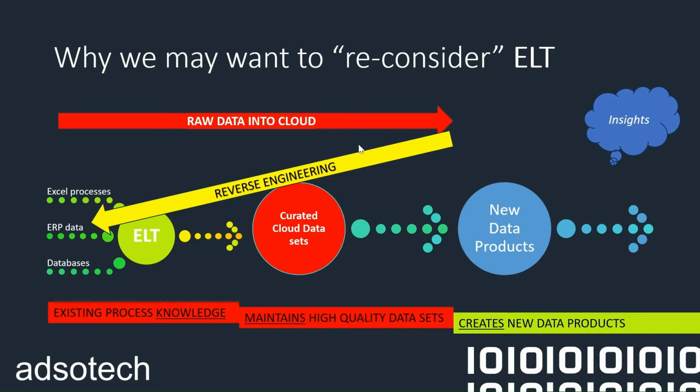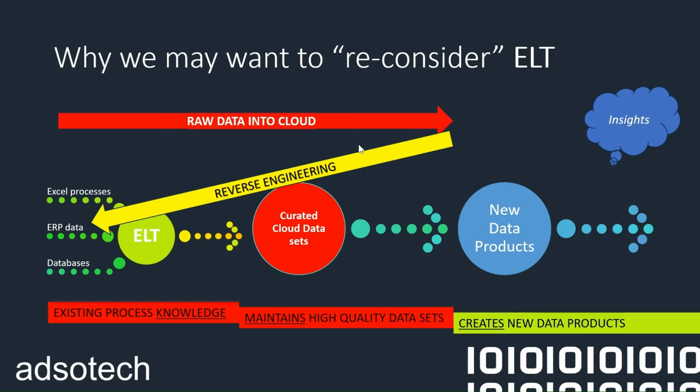But it can lead to extensive reverse engineering, which means doing joins, connecting data, filtering data in the cloud. And this quite often does not pay off, because when we are moving the raw data into the cloud, we are losing the process knowledge because the business users are not part of the process.